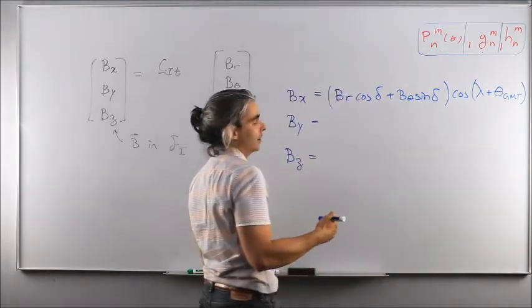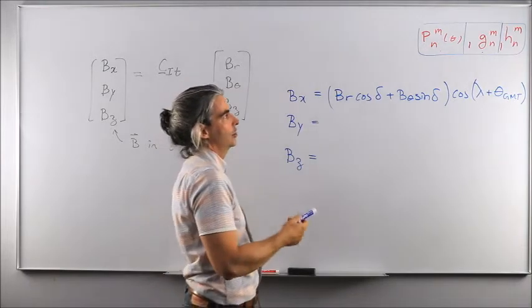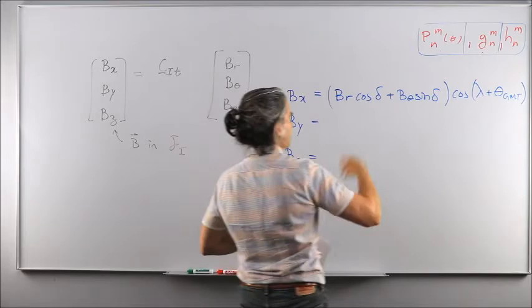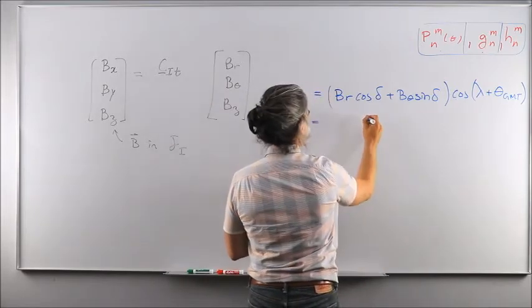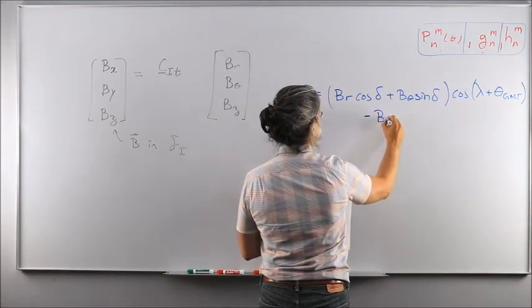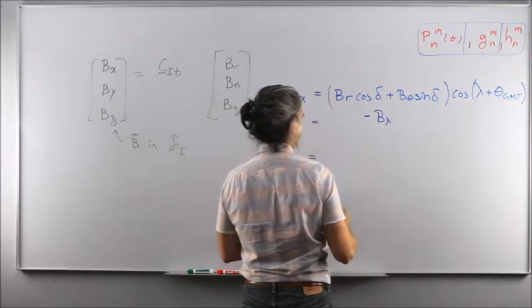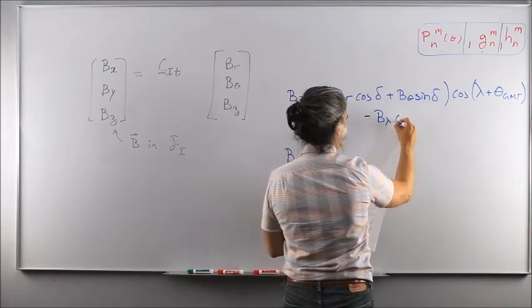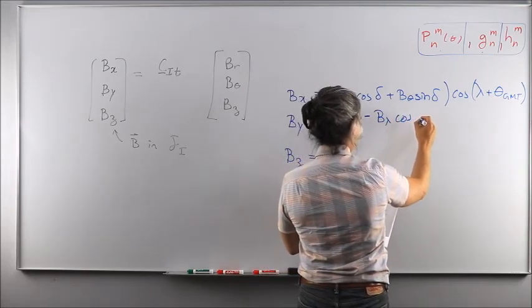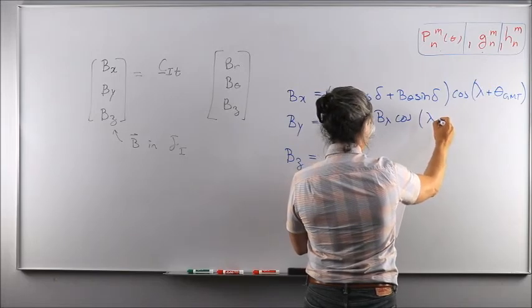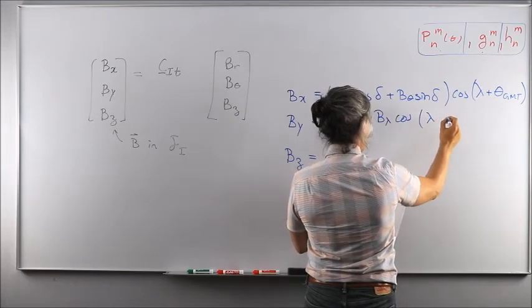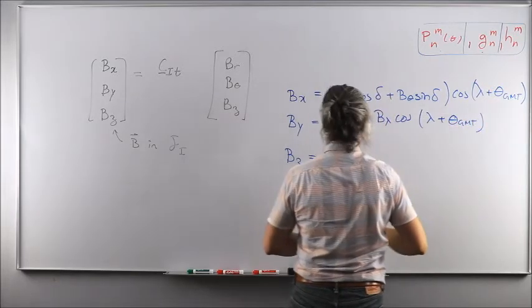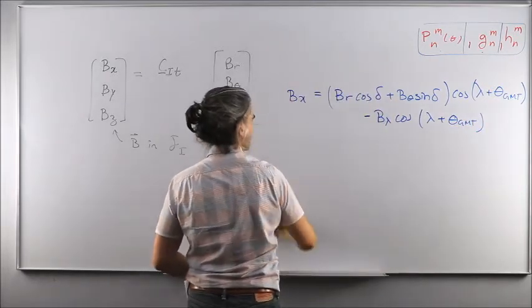Okay, so 2 pi over 1 day would be theta GMT dot. But theta GMT is just the angle. So this times that minus the Z component of the magnetic field in the spherical reference frame, the intermediate reference frame that we never really defined, but that's not important here. Cos of longitude plus theta GMT. This is Bx.